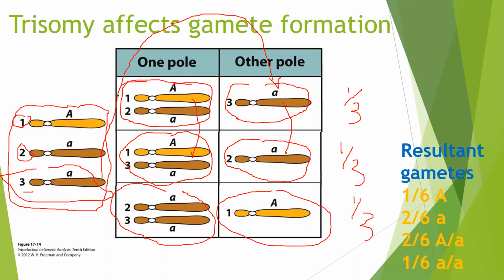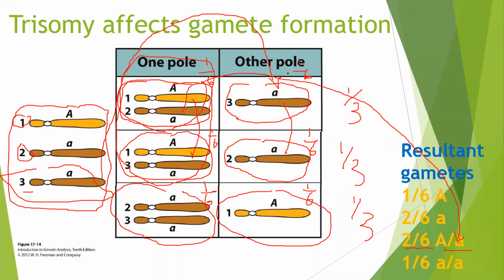So the probability of getting this one is half of the 1/3, which is 1 of 6. The same for this one, 1 of 6, and so on. But you can combine these two because they are the same genotype. That's why we got 2/6 of genotype like this, which is actually 1/3.